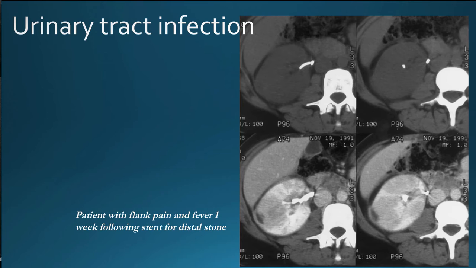This is important to be suspicious of, because these patients clinically come in with flank discomfort, as we discussed, an ordinary stent has flank discomfort. They may have pyuria in the urine, white cells in the urine, may have a little hematuria, so they typically mimic a urinary tract infection.